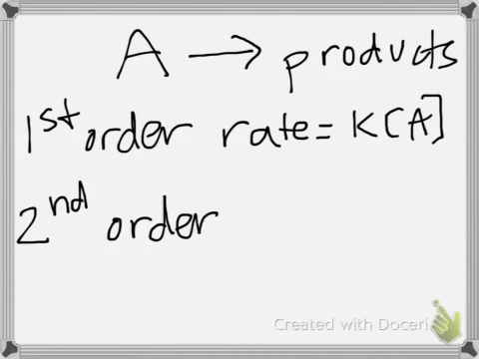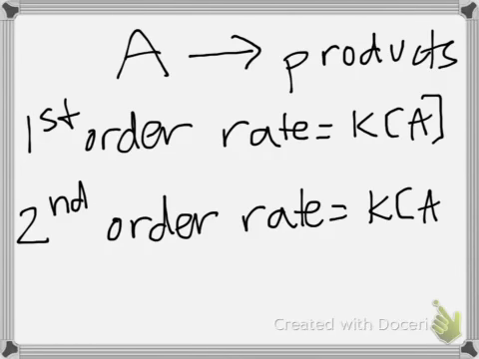Second order with respect to A, which means that the rate of the reaction is equal to K times A squared. So how are you going to know if it's a first order process or a second order process? The rate law could be given to you or you've determined it. If you determine that the order of the reaction is 1, then it's a first order process. If you've determined that the order of the reaction is 2, you know it's a second order process.